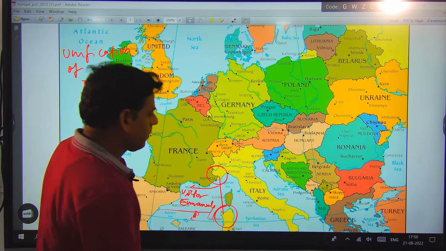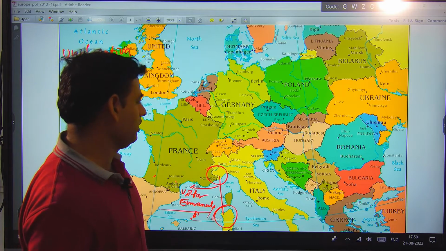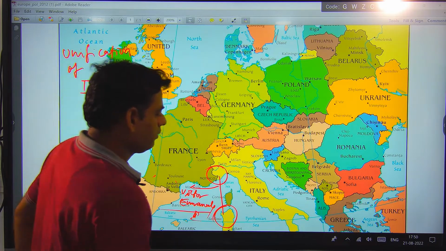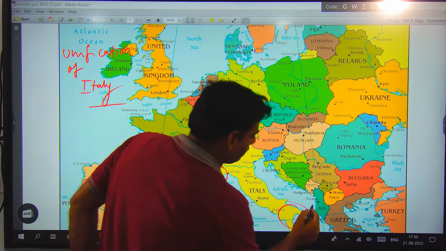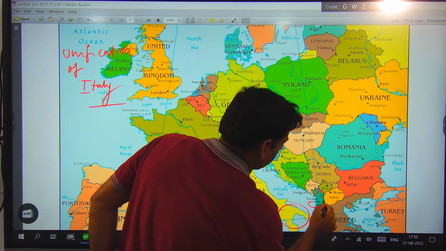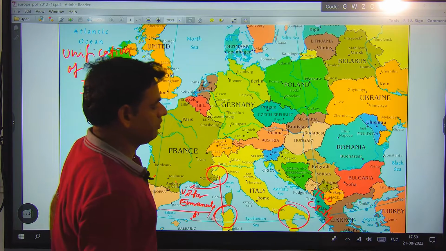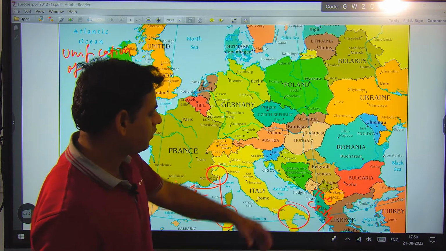Now, the other parts of Italy were ruled by different kingdoms. For example, take these 2 kingdoms of Sicily. This is the southern part of Italy.